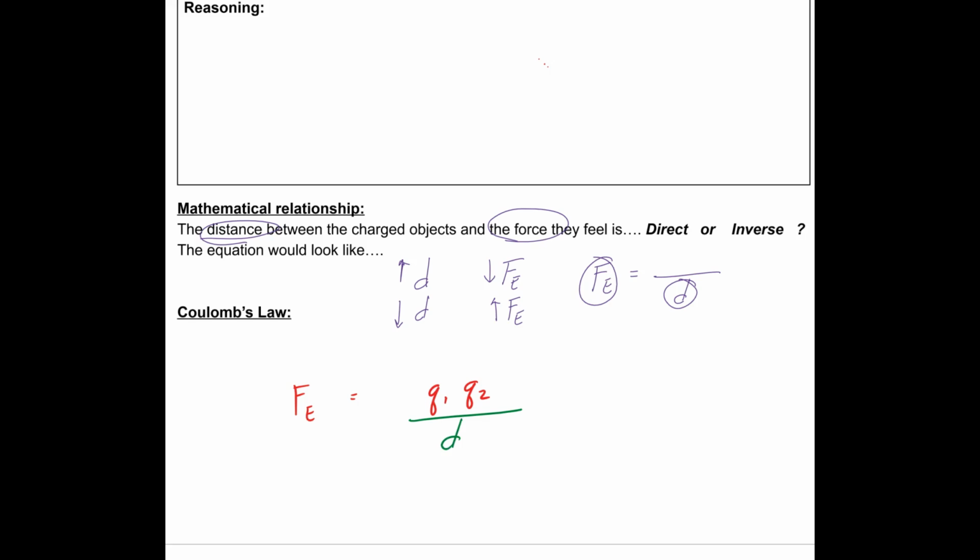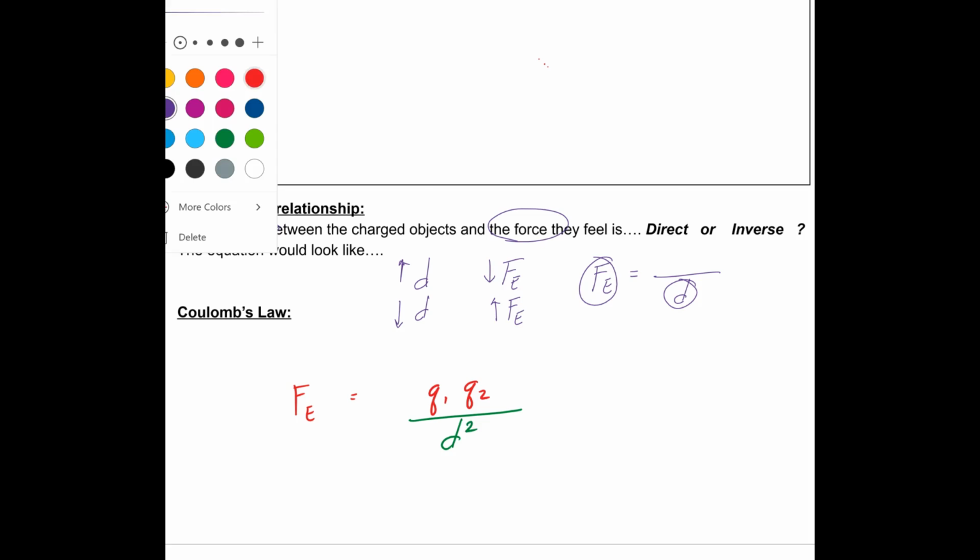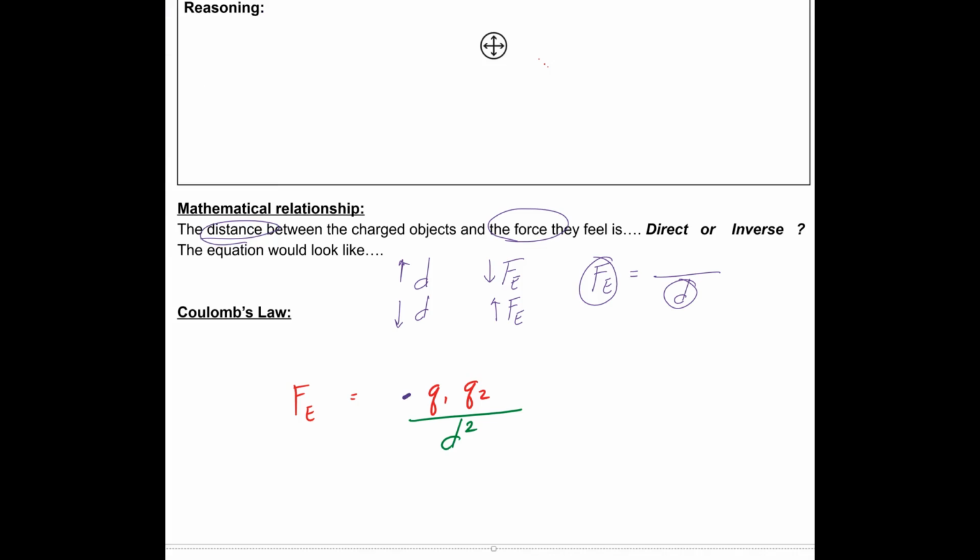And it didn't get bigger evenly, right? So I'm just going to tell you right now that it's squared, and then also that there is a constant here. All right? And so this is our Coulomb's law equation.